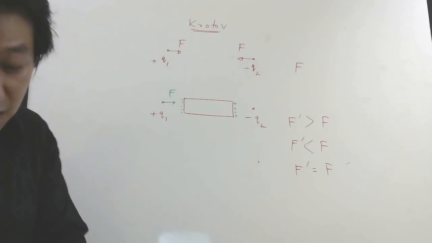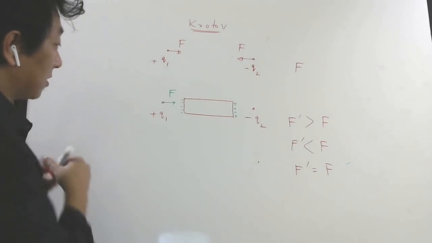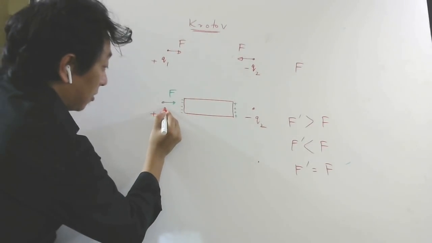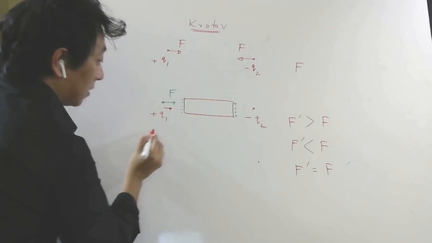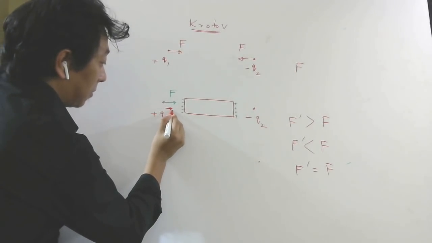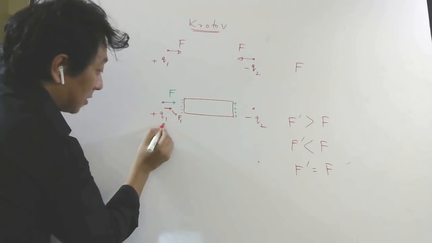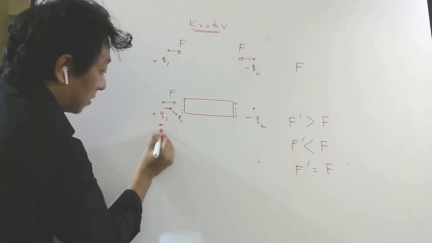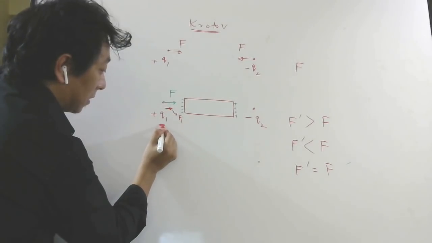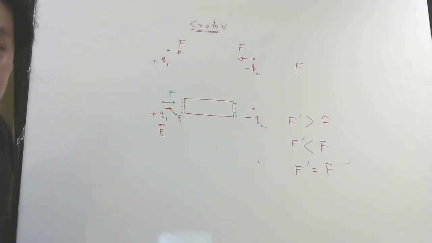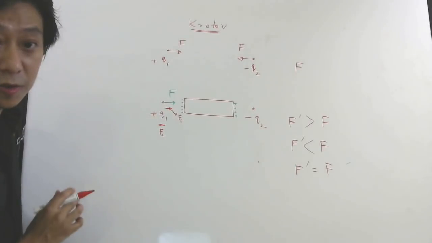But now, because this minus charge is here, that will also attract, let me call this F1. And this plus charge will repel this, let me call this F2. Is F1, F2 visible? I hope so.